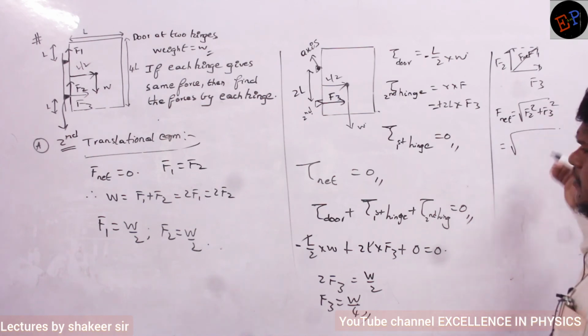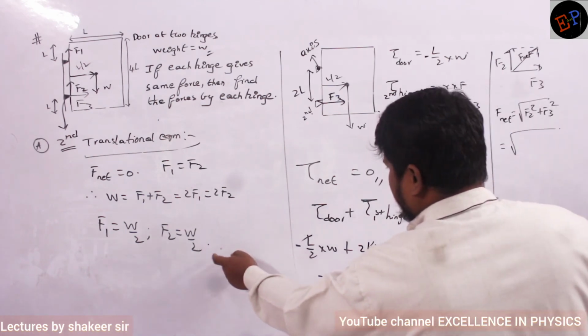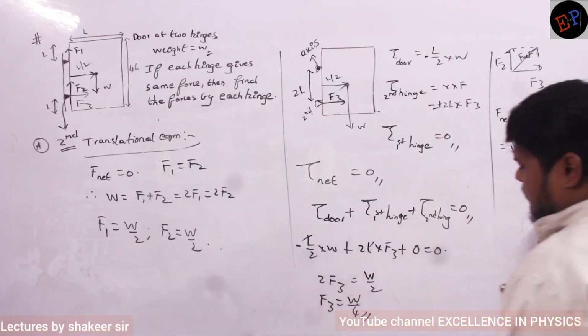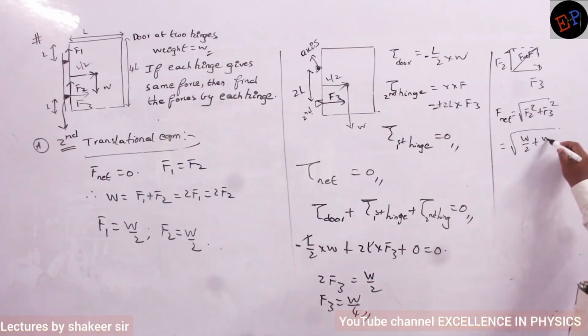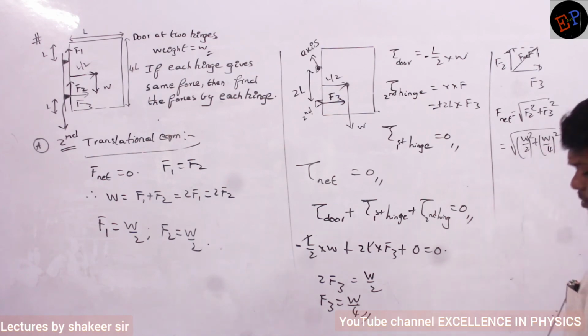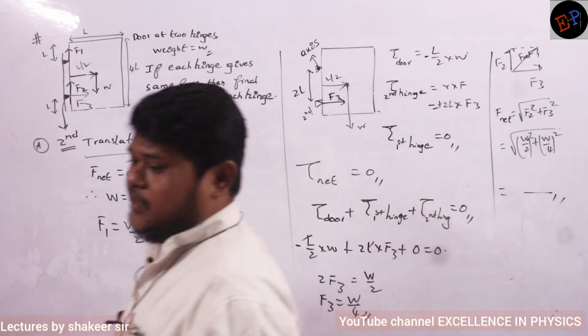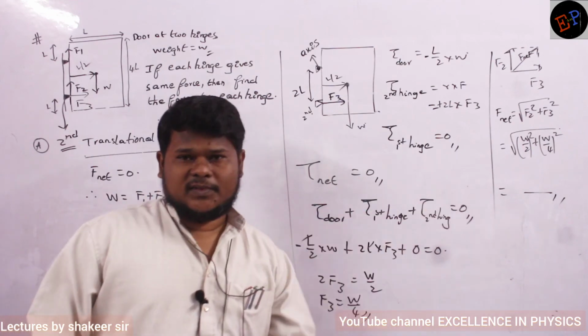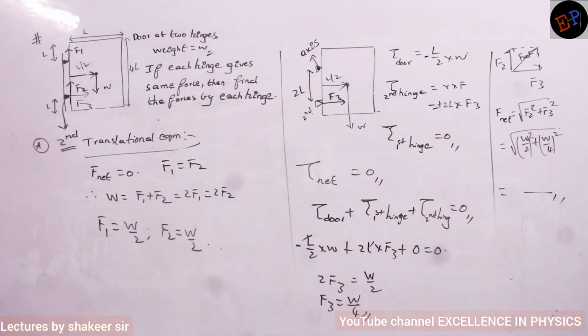F2 value we have already calculated, no? W by 2. And F3 value is how much? W by 4. So W by 2 whole square plus W by 4 whole square. Whatever answer you get is the net force given by each hinge. Is it clear how we have calculated?